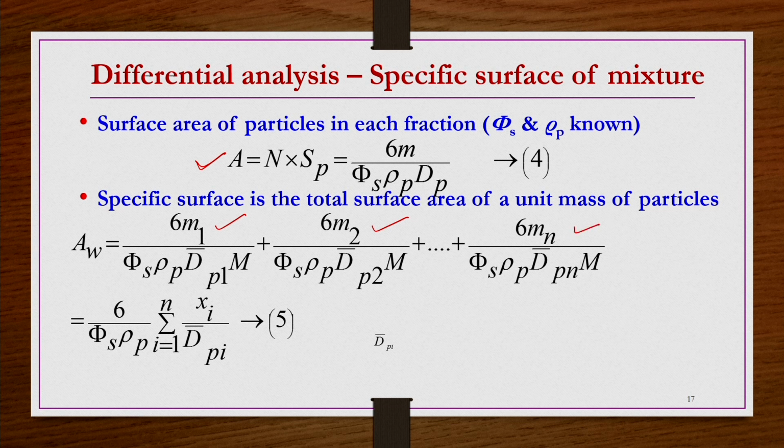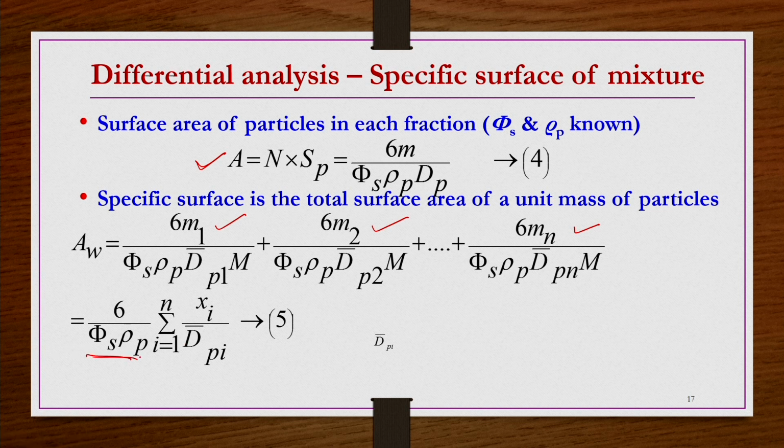If you add them together, and phi s rho p you assume the same for the entire mixture, then it is 6 by phi s rho p times the sum of xi by dpi bar, because m1 by capital M is x1, m2 by capital M is x2, like that all the xi's are there. So, here x1 by dp1 bar plus x2 by dp2 bar and so on. We can write it as a summation of xi by dpi bar.